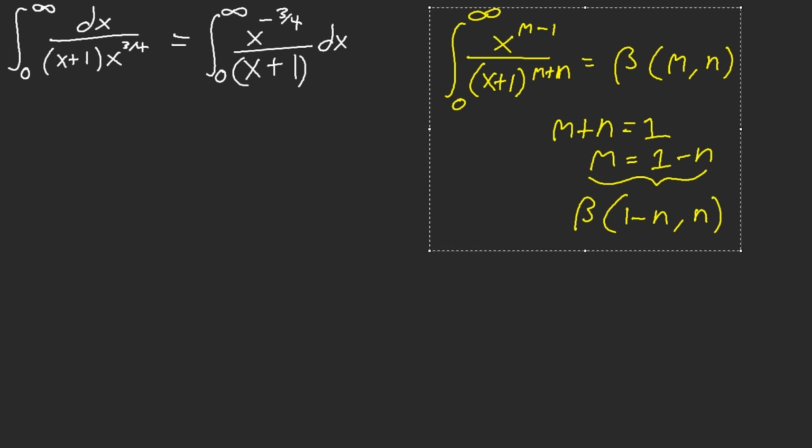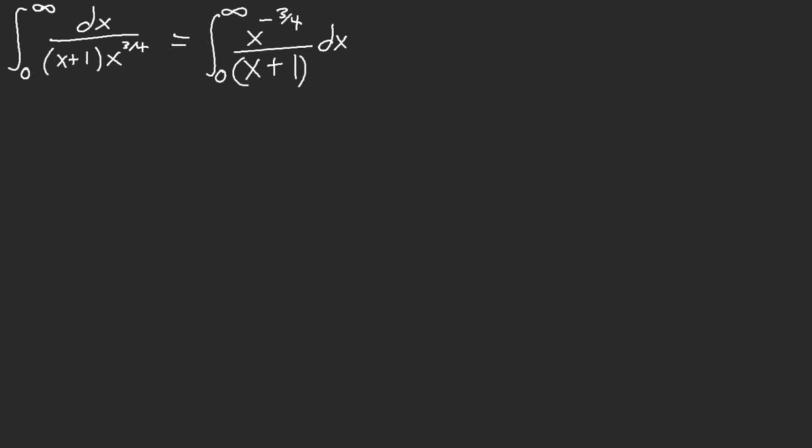So now we can go ahead and apply it here. This is simply Euler's reflection. So if m is equal to 1 minus n, what is m minus 1?